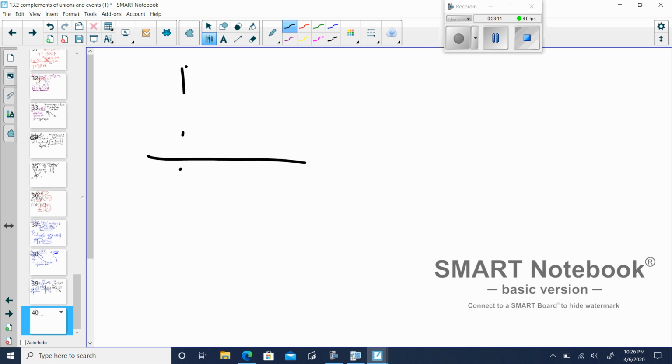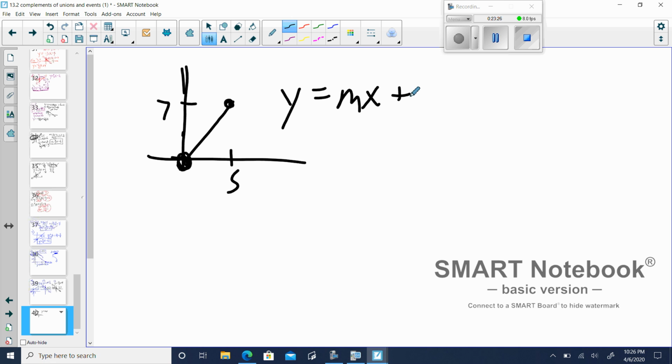If you tried to graph that, we'd have 0, 0, $5 out here, 7 over here. If we have y equals mx, our slope right here will be 7/5. So y equals 7/5 x plus 0.